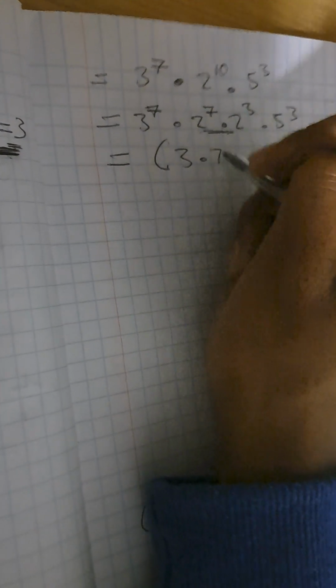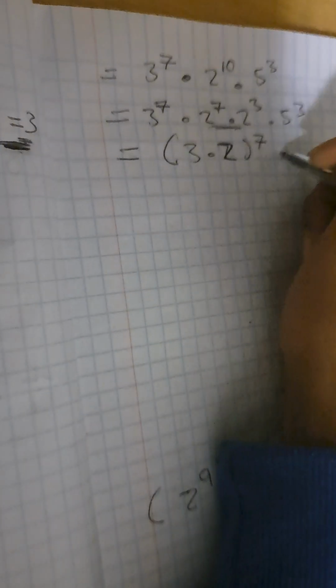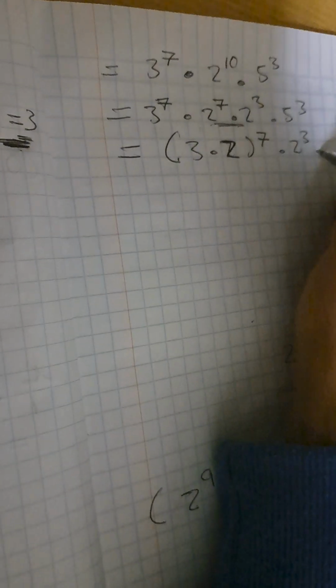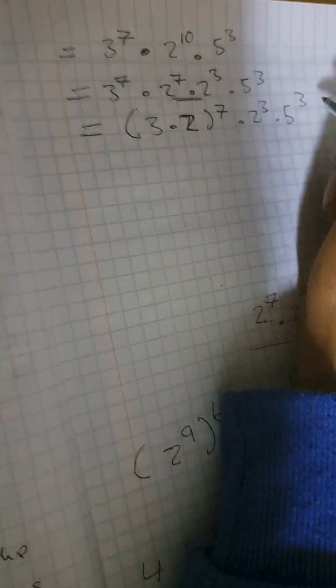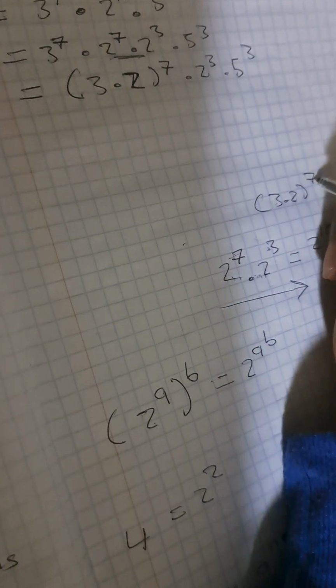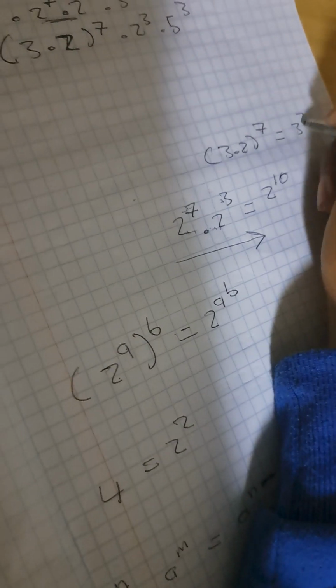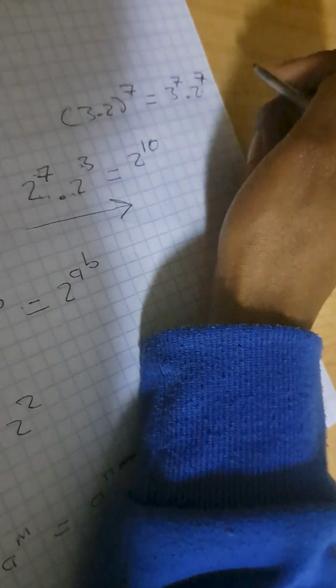So we take this, 3 times 2 to the power 7, the same thing as 3 to the power 7 times 2 to the power 7, right?